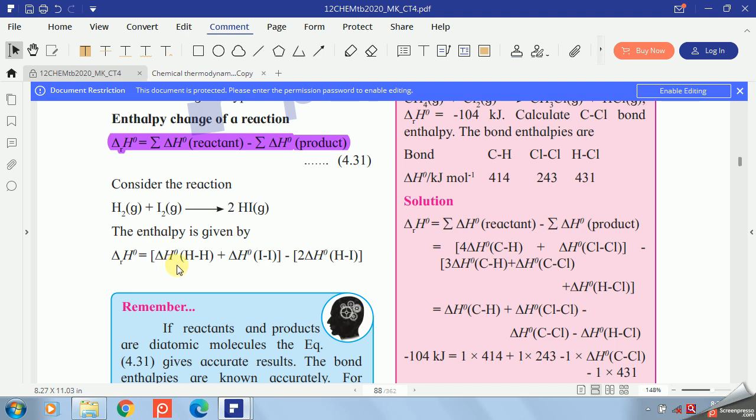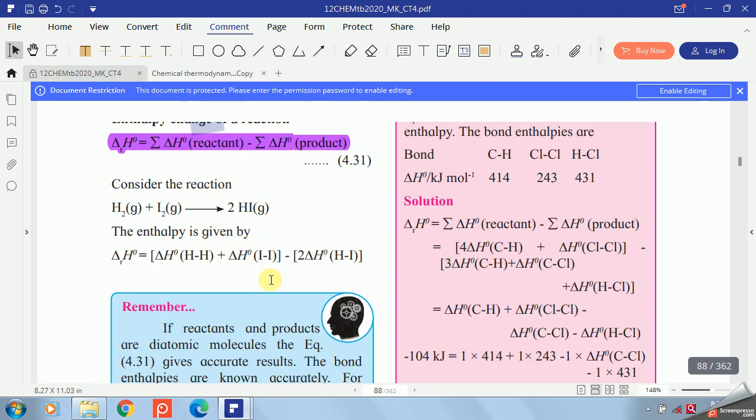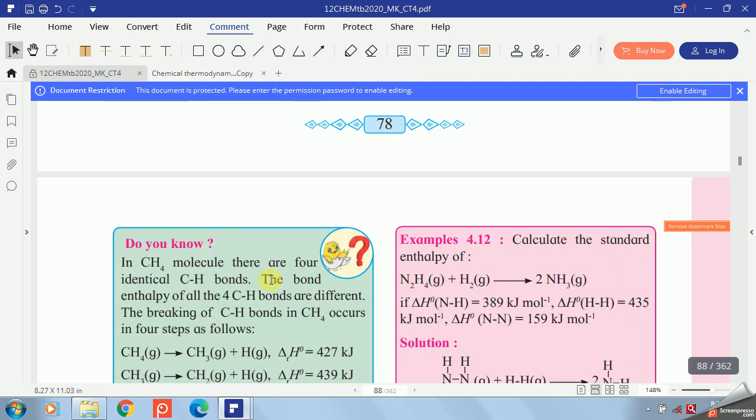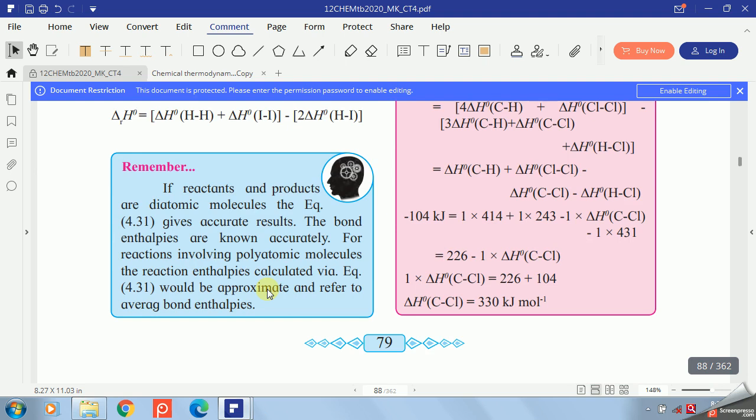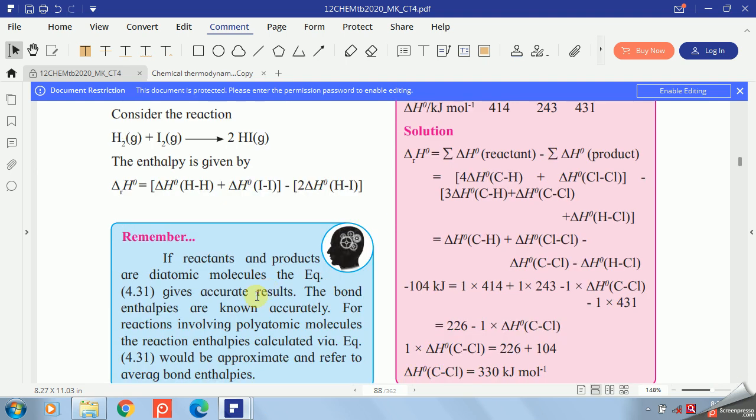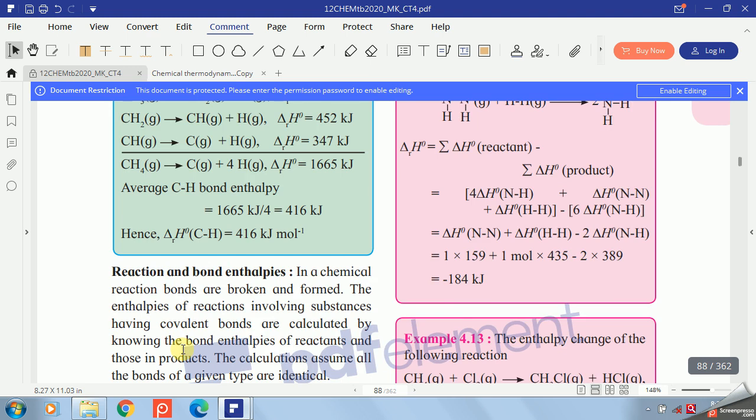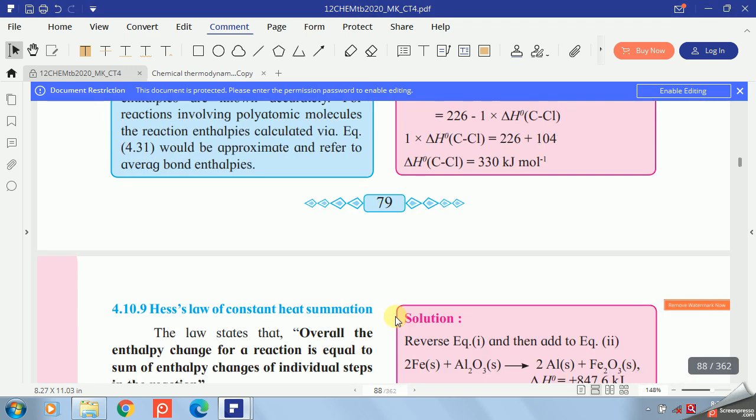So bond enthalpy of hydrogen plus bond enthalpy of iodine, these are the reactants, so their addition, minus: how many moles of HI will be produced? 2. So 2 times the bond enthalpy of HI. Substitute the values and calculate the answer. In this way you can calculate the bond enthalpies.